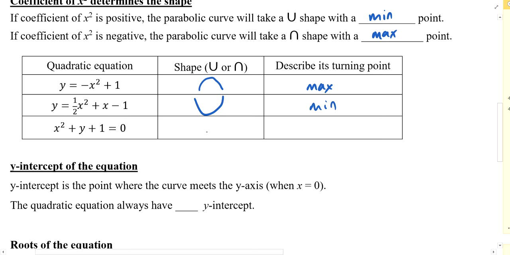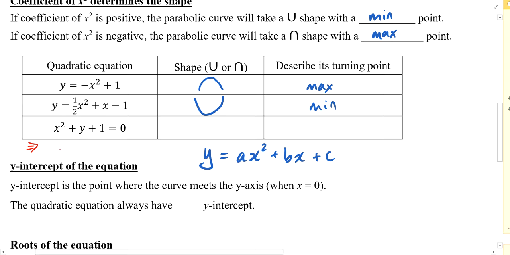How do you know it is up? Or how do you know it is down? I need the coefficient of x squared, right? But it has to be in the form y equals ax squared plus bx plus c. At the moment, do we have y equals ax squared plus bx plus c? No. So can you make y the subject?